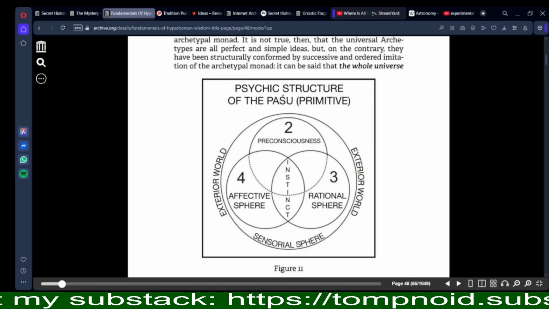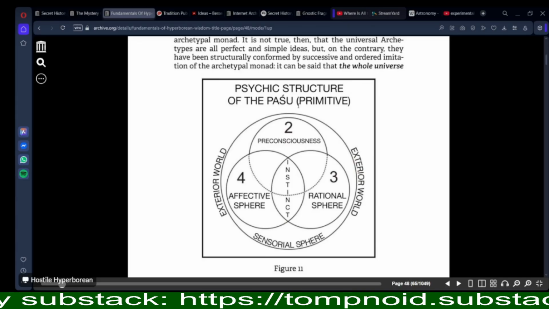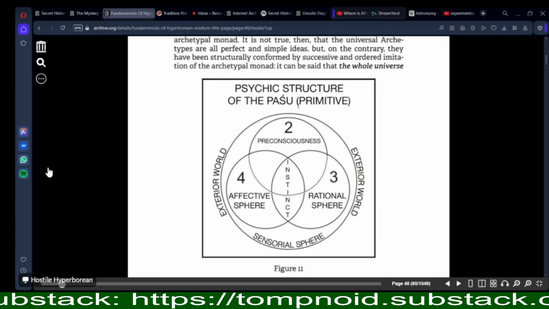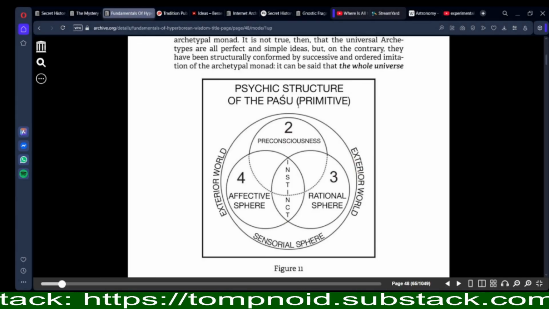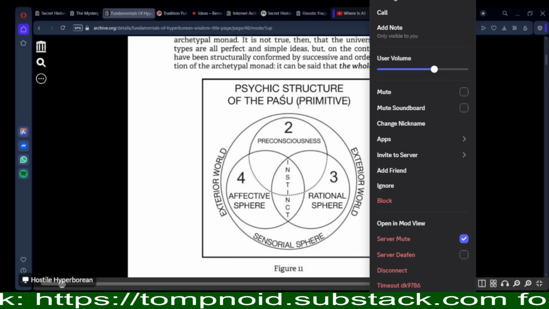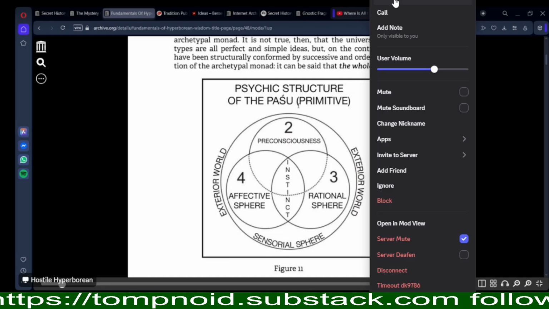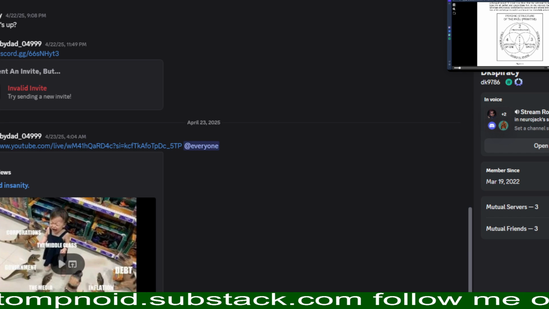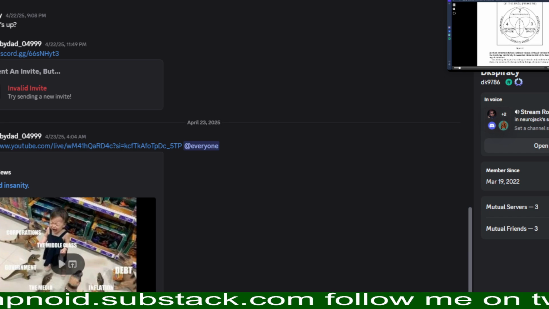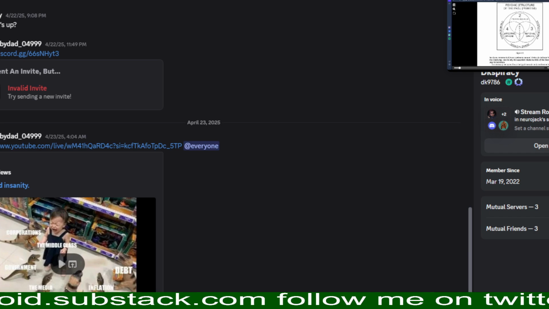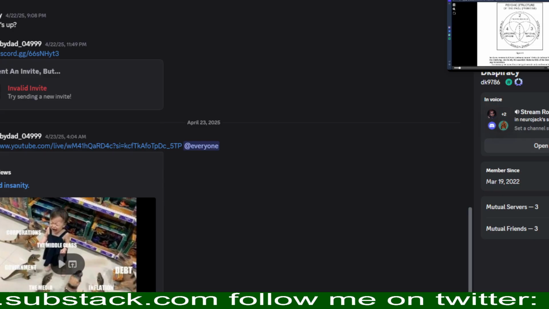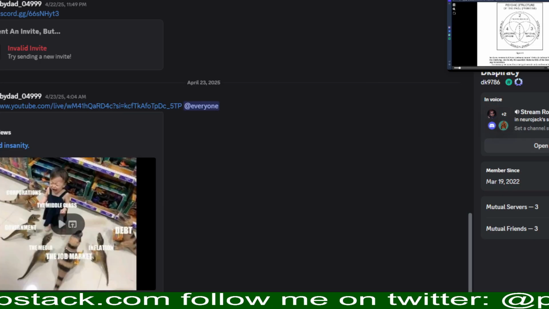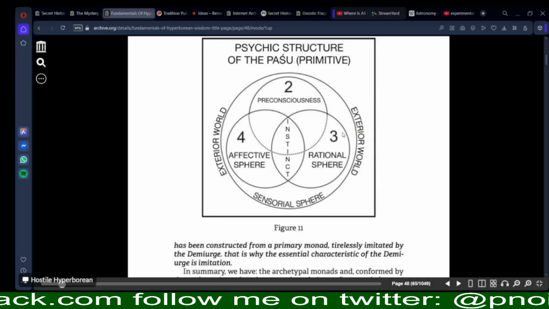So the psychic structure, or mental structure, of the Pasu. Remember, there were 3 types: Pasu, which is the primitive, the spiritless, the Virya, and the Siddha. The Virya can either be asleep or awake, or lost or found. Those are interchangeable terms. So in this diagram, on the outside circle of the individual, we have 1 unit here, 1 Pasu.